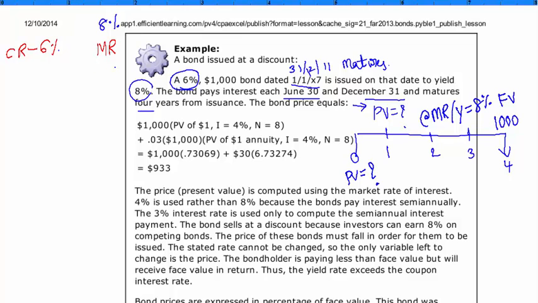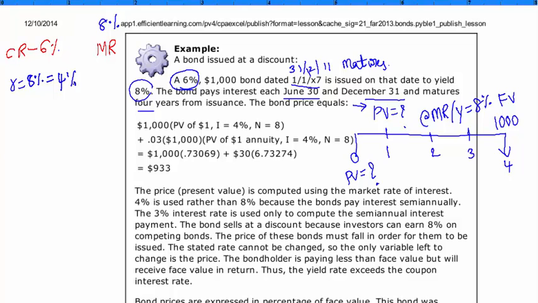So for calculation of PV, your R is equal to 8%. And you are going to get it for how many years? For 4 years, and the coupon is paid twice in a year, so R comes to 4%.